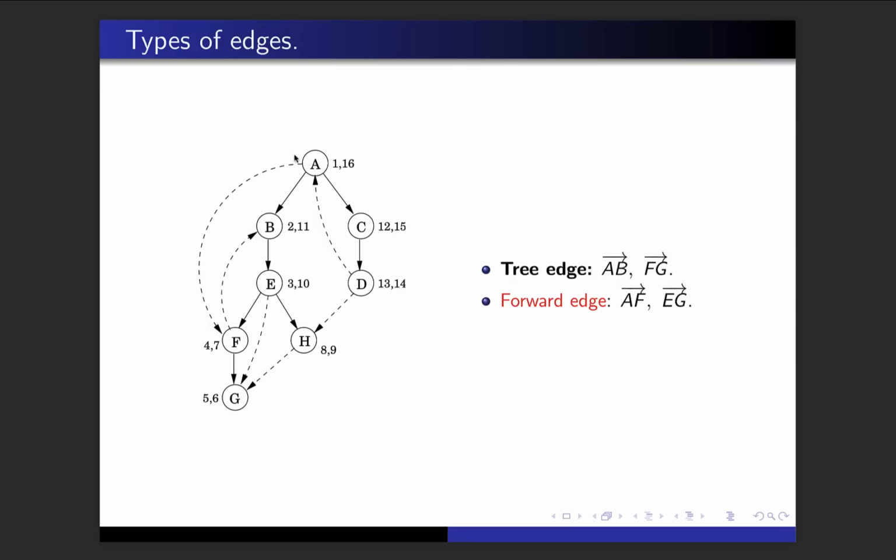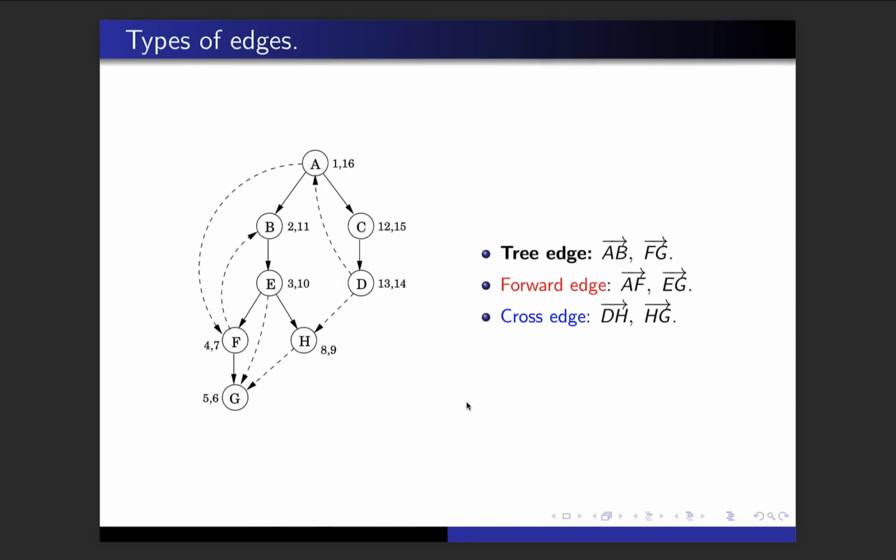For example, AF is a forward edge. It's going down from A to F. F is a descendant of A, but you are not visiting F for the first time when you travel through this edge. This is not discovering F, so it's not a tree edge. Another example is EG. E is connected to G, but you don't discover G when you explore this edge.